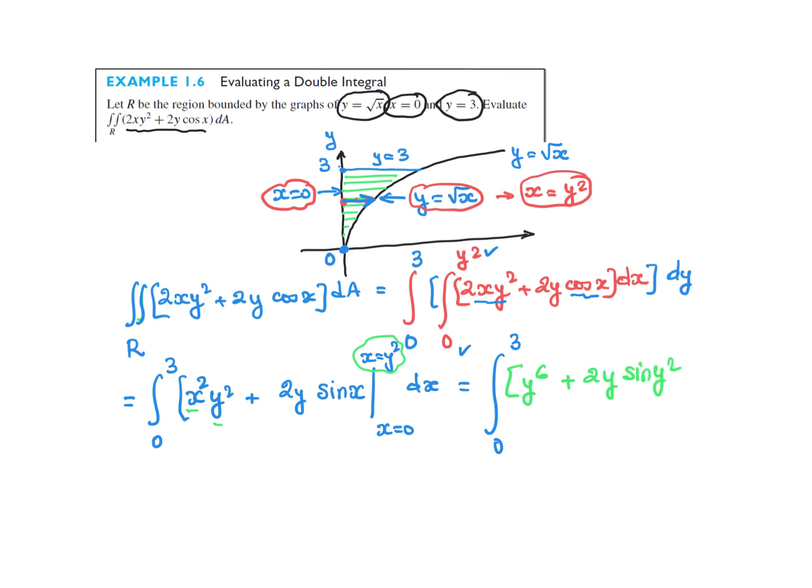And then the substitution with 0 will give us 0. So it's all of this dy.